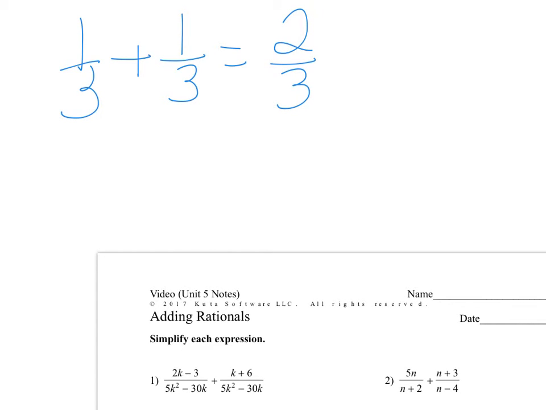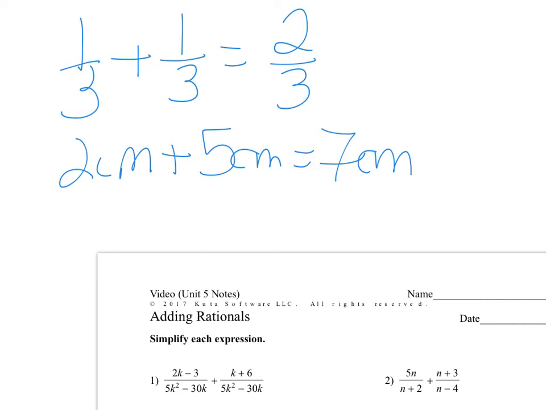Just like if I had 2 centimeters plus 5 centimeters, I would have 7 centimeters. These things are all units of measurement, so it didn't change here. It didn't become centimeters squared, right? It's just that same unit. I have a third, I have a third, I still have thirds. It's a unit. That's what I want you to think of it as, okay?